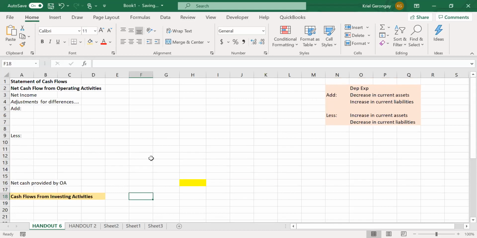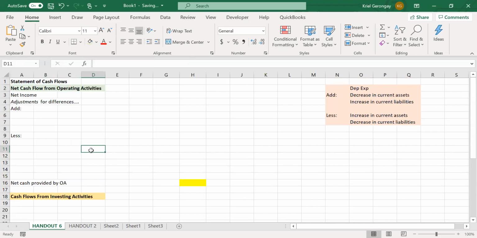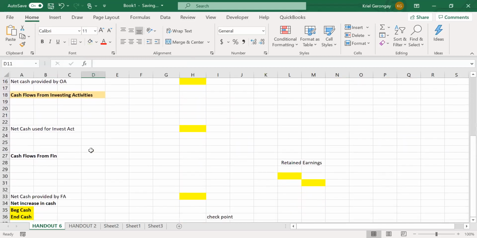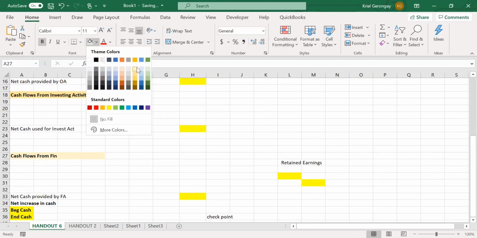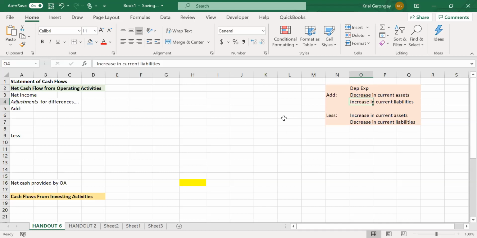If you can see this chart here, there are some guidelines, because I know from yesterday's sessions they were kind of confused on how to figure out when to increase or decrease depending on the transaction. So this is a general pattern for the operating activities.